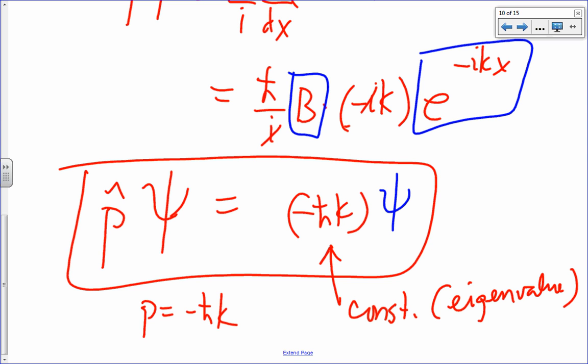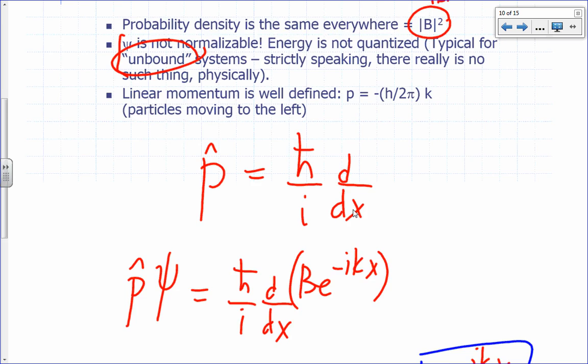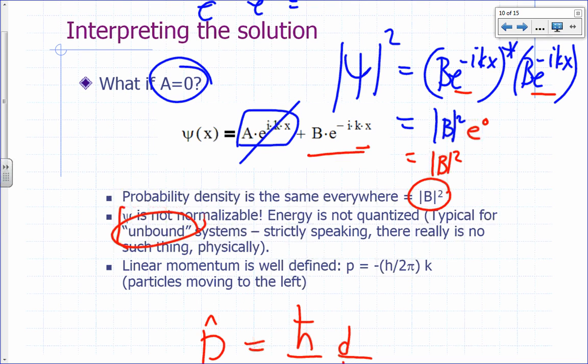What does negative h bar k mean now? You know k is a positive number, right? So the momentum is negative. That means we're talking about a particle that's moving in the negative direction. If you say the left is the negative direction and the right is the positive direction, we're talking about a particle that's moving to the left. Okay, well defined. So this particular wave function, just this part, describes a particle that's moving to the left, with the magnitude of the linear momentum equal to h bar k, and it's negative because it's moving to the left.